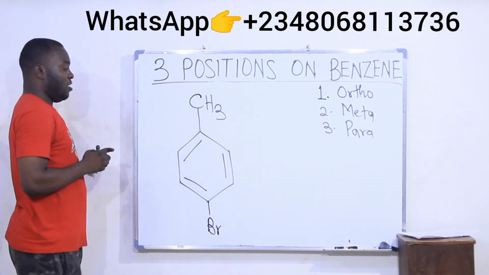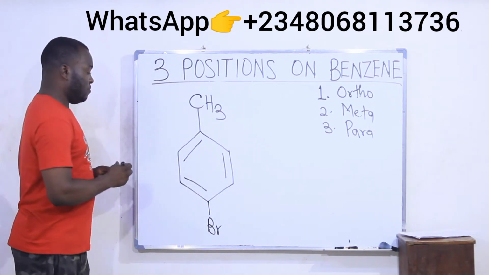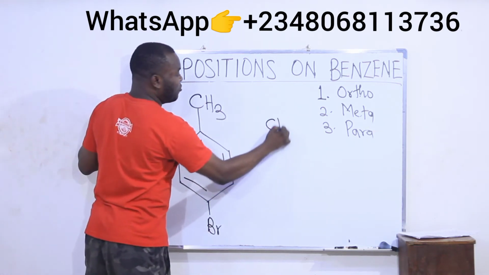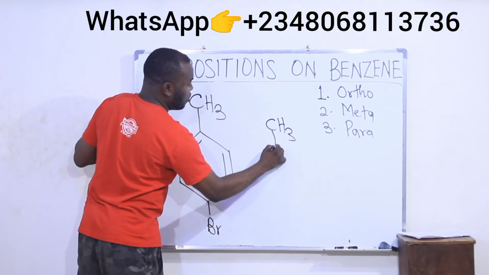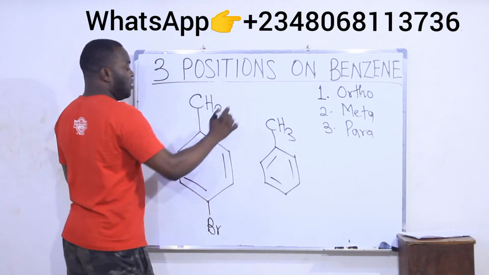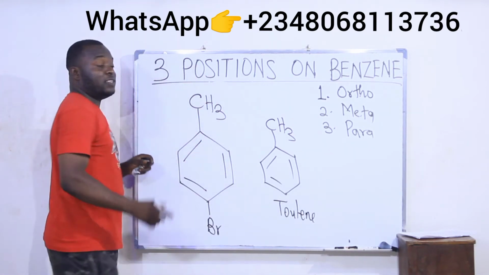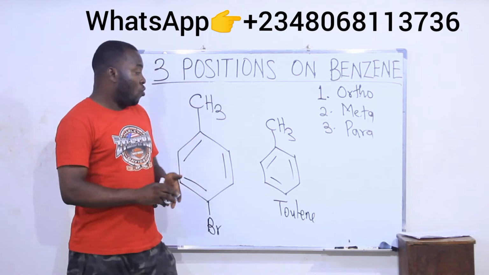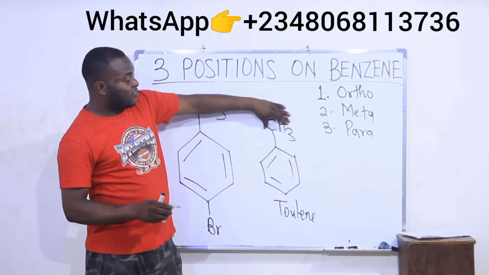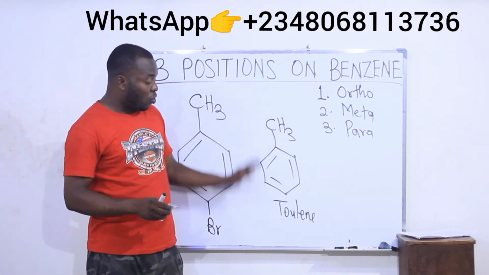For instance, if I'm asked to name this, remember I told you that when CH3 is attached to a benzene ring, it is called toluene. I explained this in the previous video. When a benzene ring has a methyl group attached to it, the whole compound is called toluene.